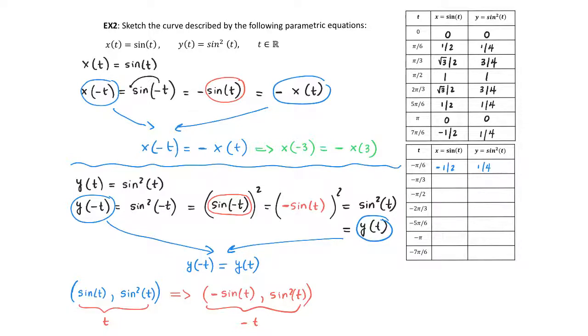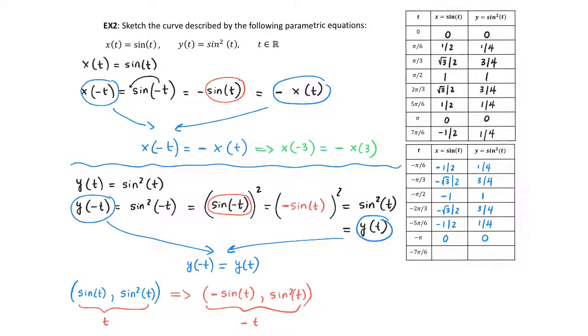When t is equal to negative pi over 3, the x value will be negative root 3 over 2, and the y value will stay the same. For negative pi over 2, we're going to go from 1 that we had before now to negative 1, and the y value will be 1. So hopefully you now get the point. So I'm going to finish this a little bit faster. Negative root 3 over 2, 3/4. And then negative 1/2, 1/4, 0 and 0.